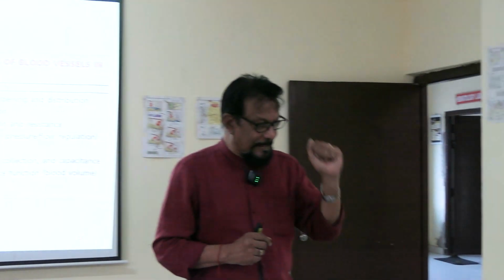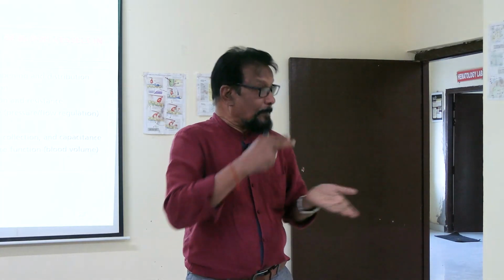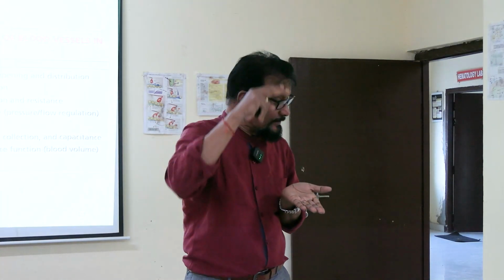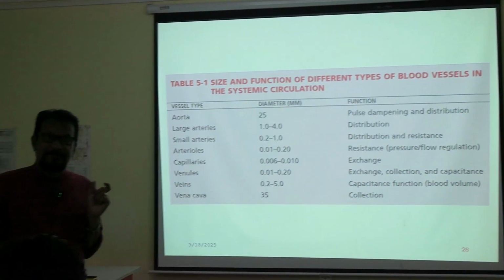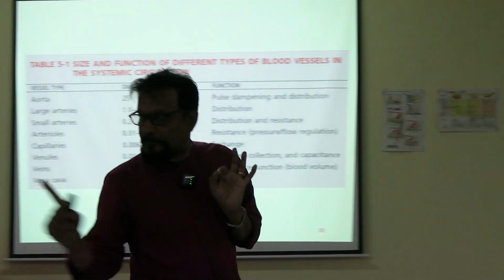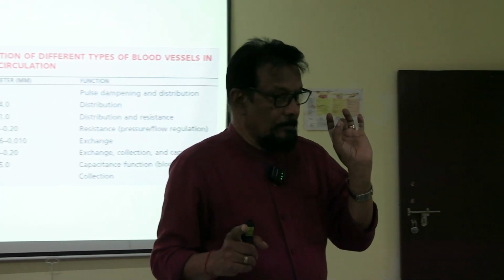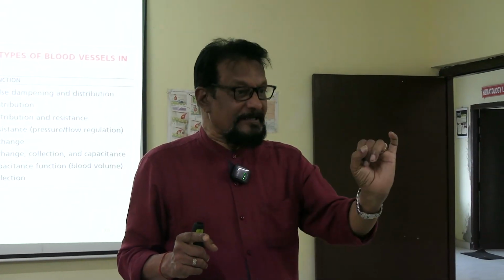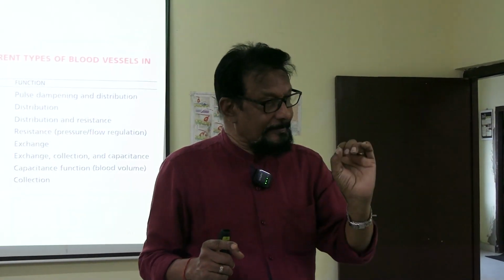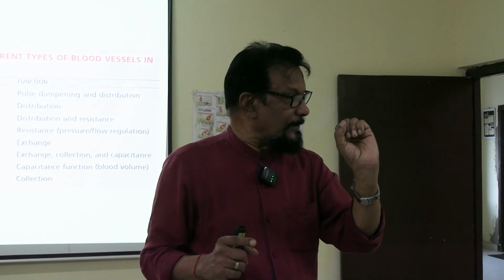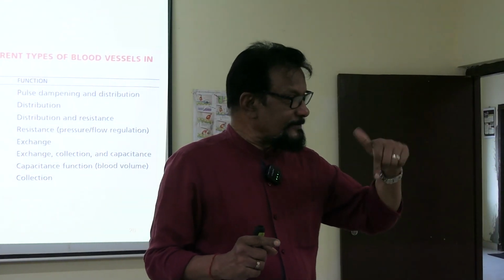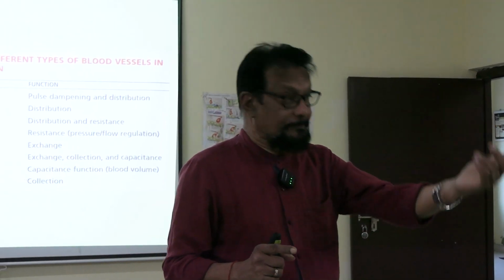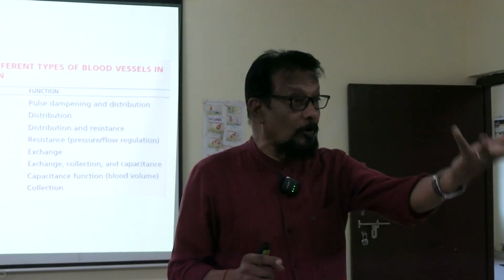They decide whether blood pressure or perfusion pressure is to be increased or decreased. They create resistance by making the vessels constricted or relaxed, dilated. That's how you can increase or decrease blood pressure and the flow of blood.